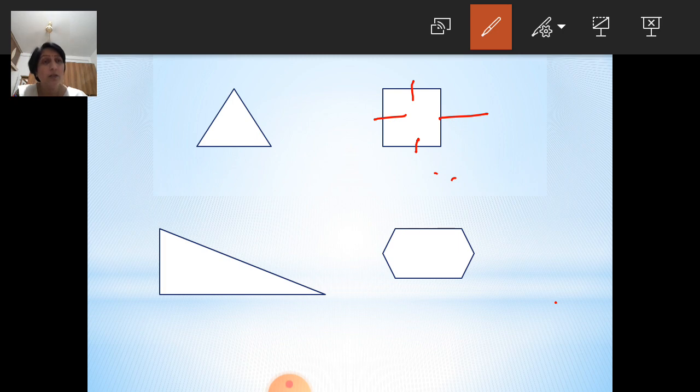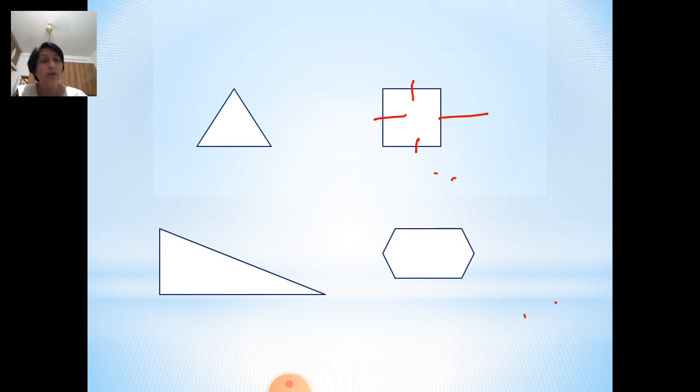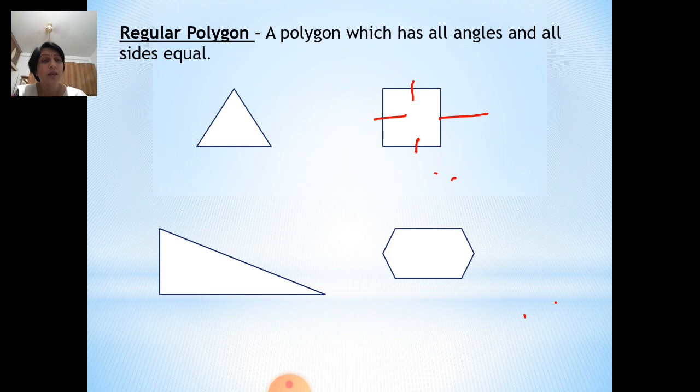So according to these sides, polygons are also named. The polygons in which all angles and all sides are equal are called regular polygons.